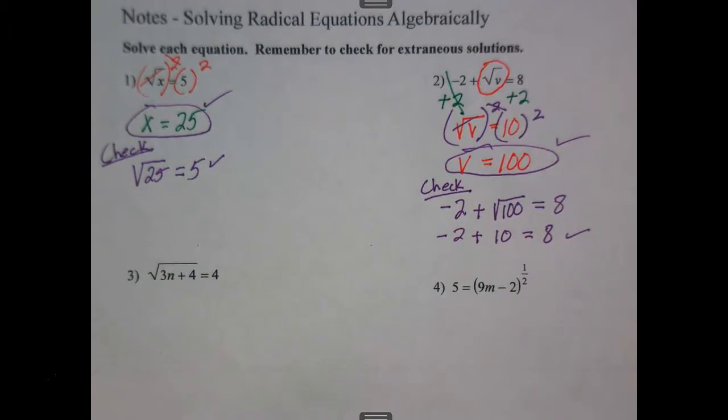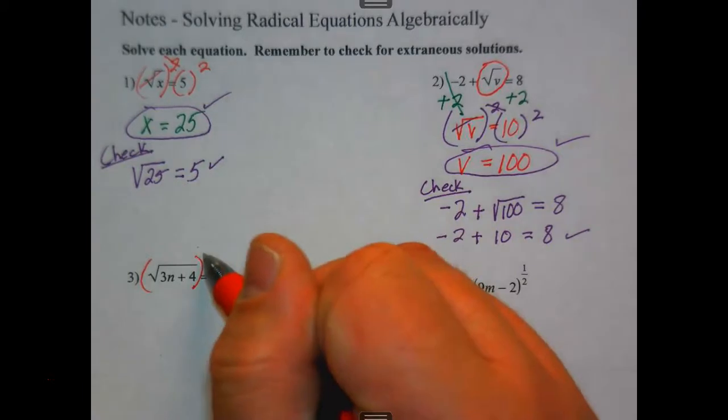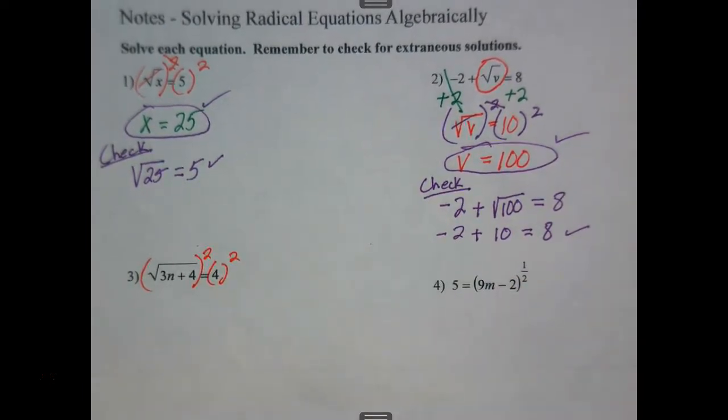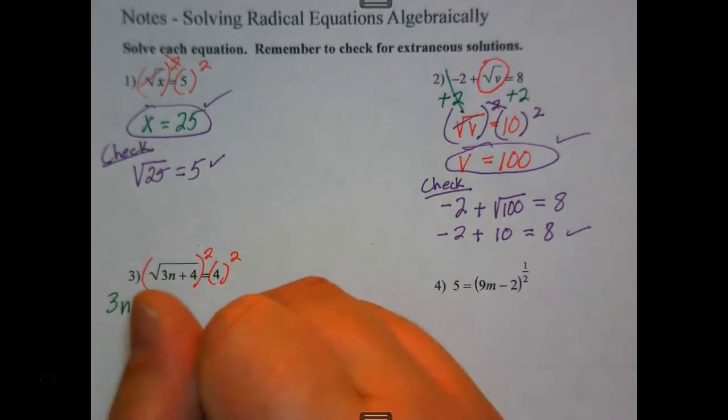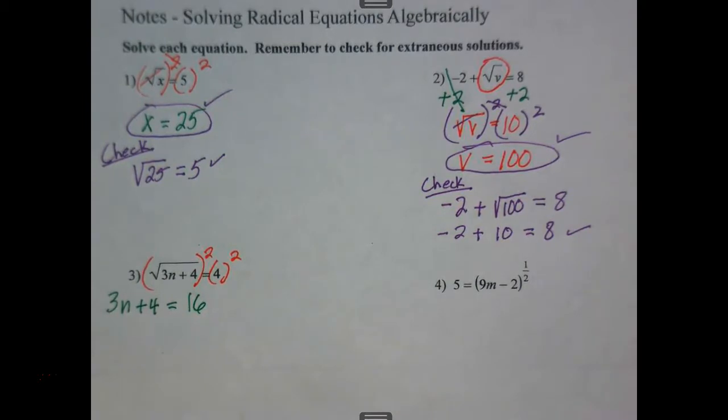Okay, number 3. I have to get rid of the radical. So I'm going to raise it to the power of 2, both sides. I get 3n plus 4 equals 16. Solve for n.